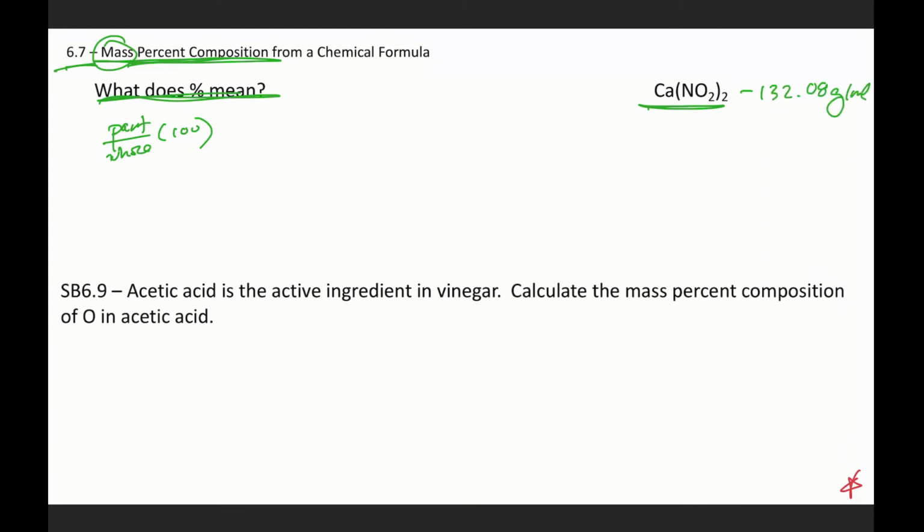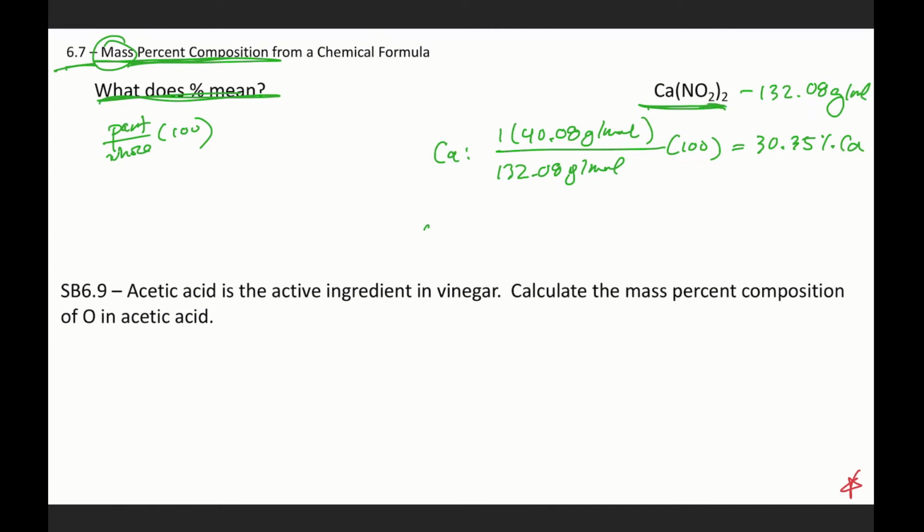So then the piece, if I wanted to do calcium, it would be 1, because there's one of them, 40.08 grams per mole over 132.08 grams per mole times 100, and that gives us the percent that is calcium. Then we could repeat for the rest of our elements, bearing in mind that, for example, oxygen is 4.